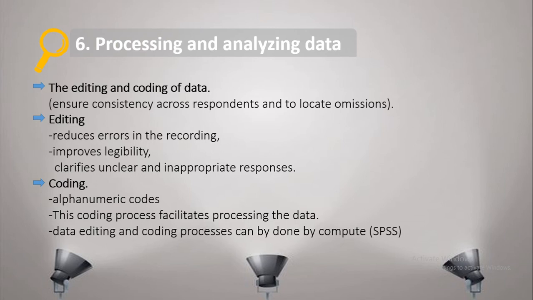You need to search for missing values or any inconsistency in your data. The next step is editing. When you find some mistake or some replication in the data you have already entered, then you need to edit.